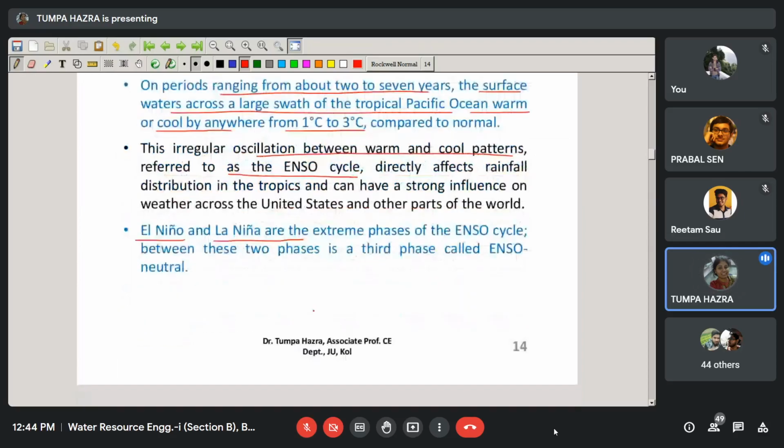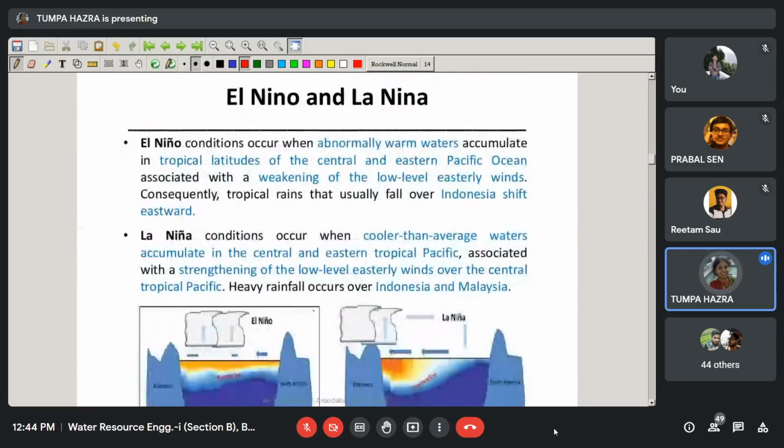Now what is El Nino? Basically, El Nino conditions mean abnormally warm water conditions in tropical latitudes of the central and eastern Pacific Ocean, associated with weakening of the low level easterly winds.